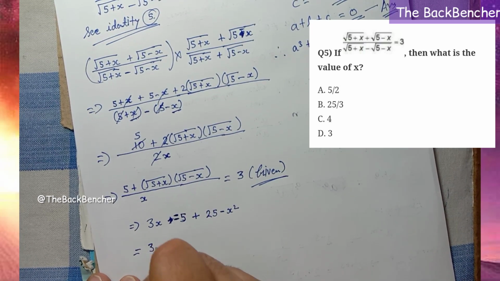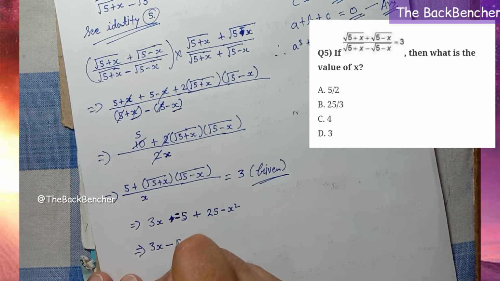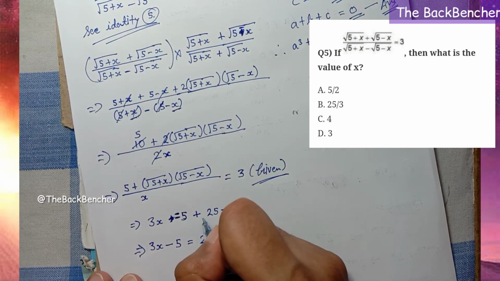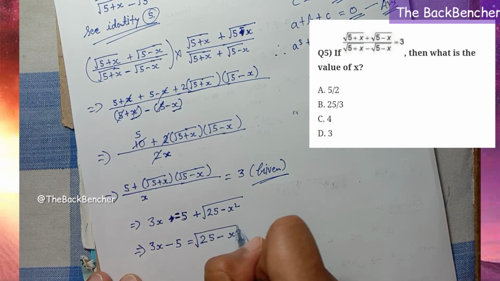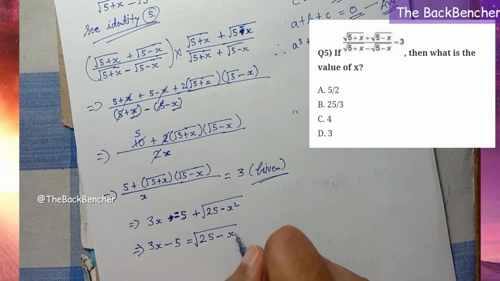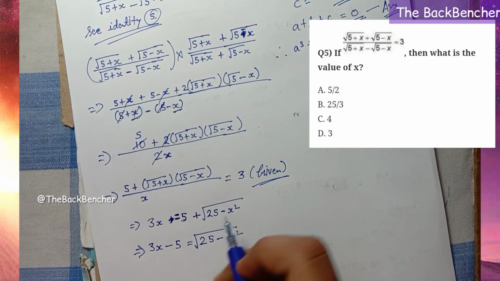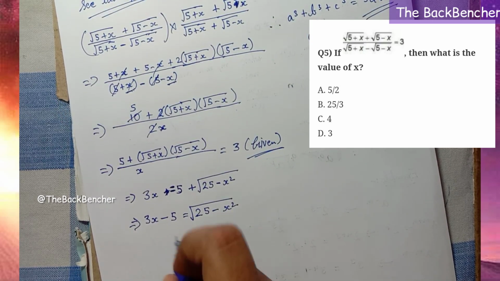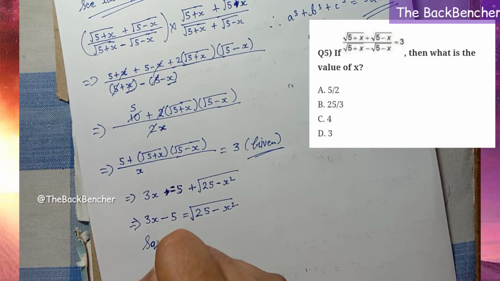You have to just transfer 5 to this side, so 3x minus 5 equals the root of 25 minus x square, because the power is already the same in both the variables.